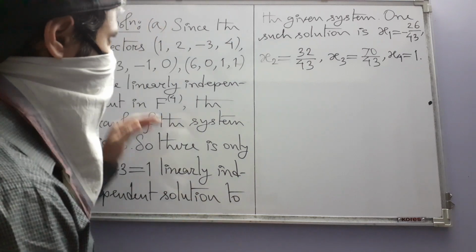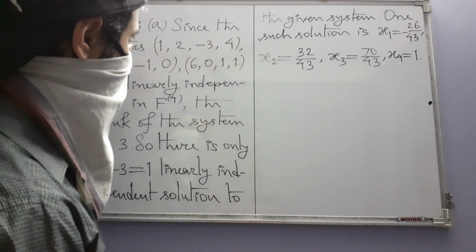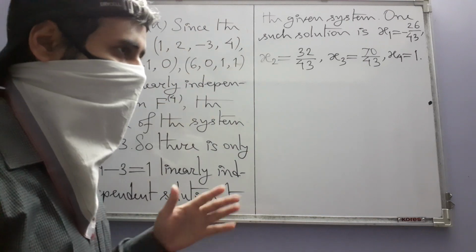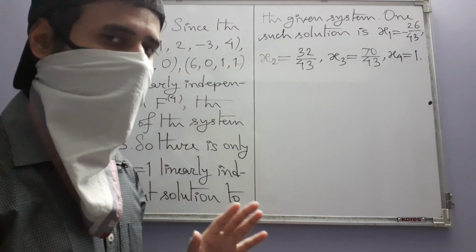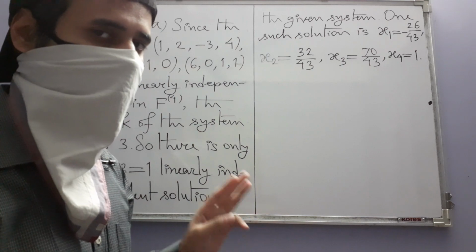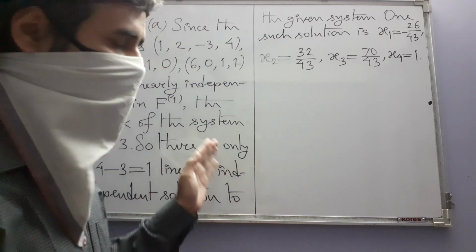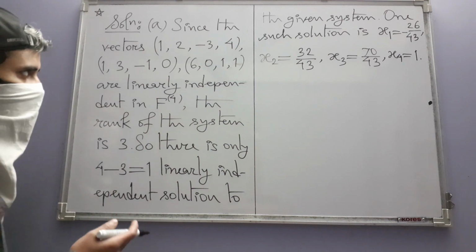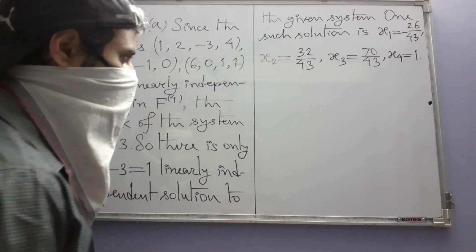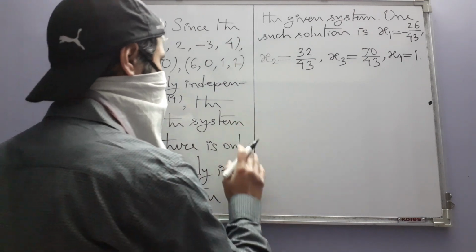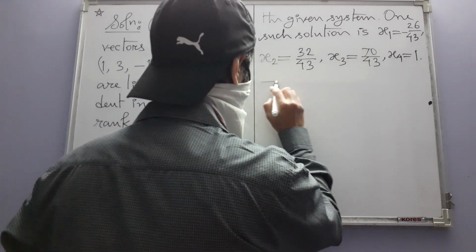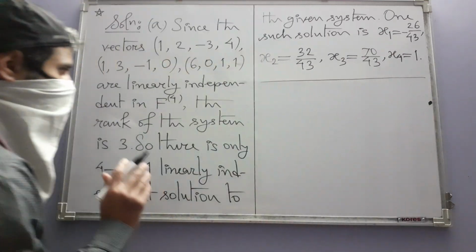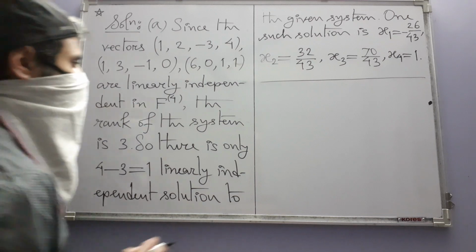How do I just simply write like this, that since they are linearly independent, they generate or span a three-dimensional subspace of F4 or R4? The answer is that you have to actually verify, and you already know how to do that, but still let's just see that process for once.